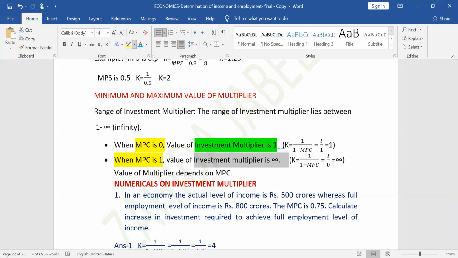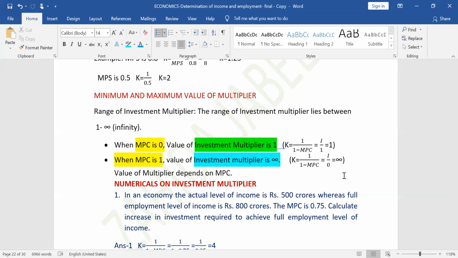How? Let us see here that K is equals to 1 divided by 1 minus MPC. Here MPC value is 1. So 1 minus 1 will be 0. In the denominator it will become 0. 1 divided by 0 will become infinity. Anytime, keep it in your mind, if in the denominator 0 is there, any value is there in the numerator, the final result will be infinity or not defined.